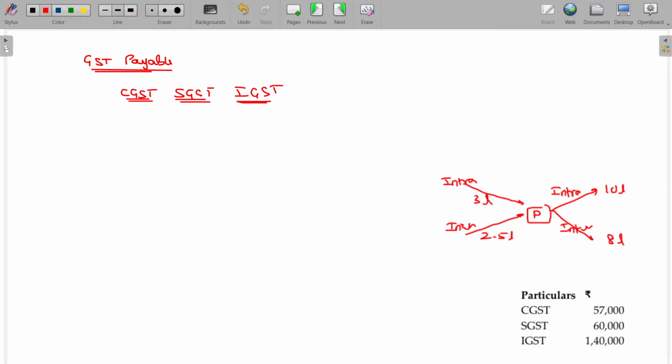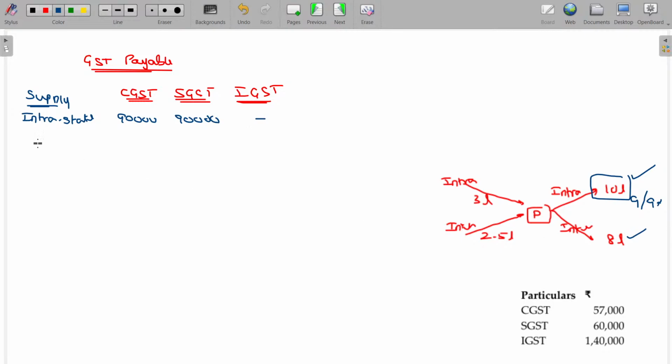For the intra-state supply of 10 lakhs, 9% will be payable: 90,000 CGST payable, 90,000 SGST payable.